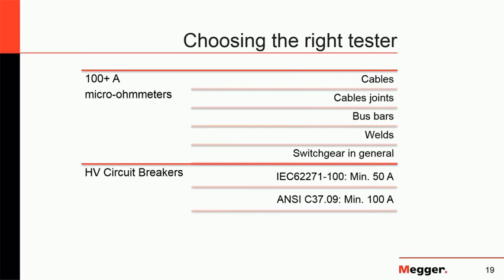We have another common range of micro-ohmmeters that are in the hundreds of amps, and we will see instruments going from 100 amps all the way up to 600 amps.